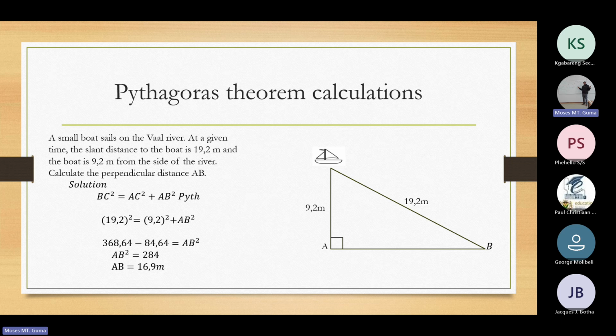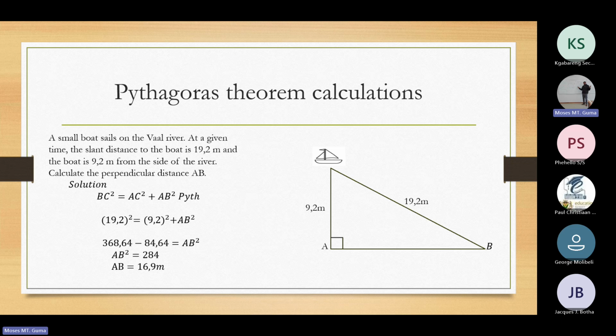There's your perpendicular distance. Now, let us calculate the perpendicular distance AB. Because we have got the right-angled triangle, that means again we are going to apply the theorem of Pythagoras.